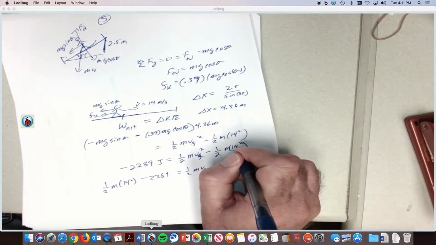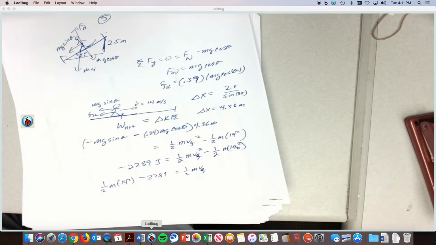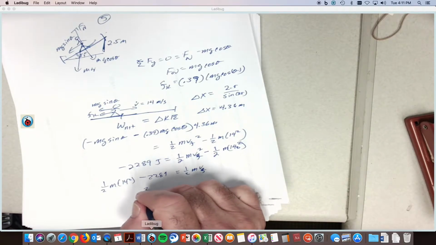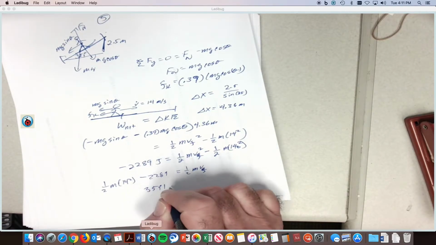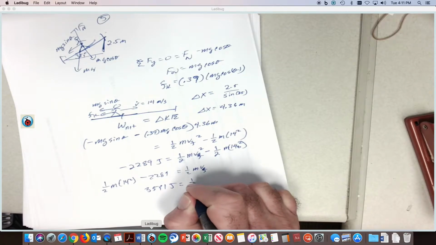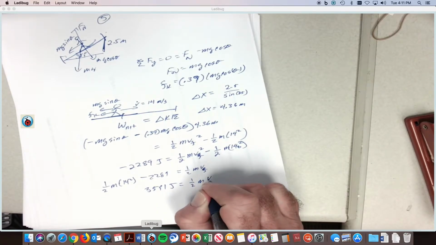Yes, this is v final, and this was her v naught. That's right. You knew what was going on. 0.5 times 60 times 14 squared minus 2289. This is equal to 3591 joules on this side, which is equal to 1/2 m v final squared.